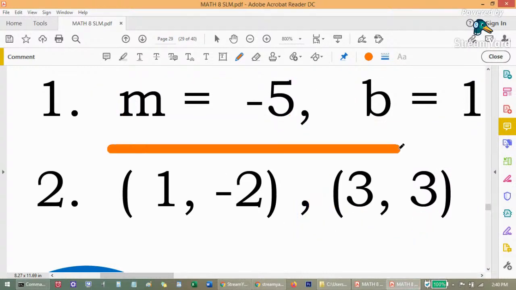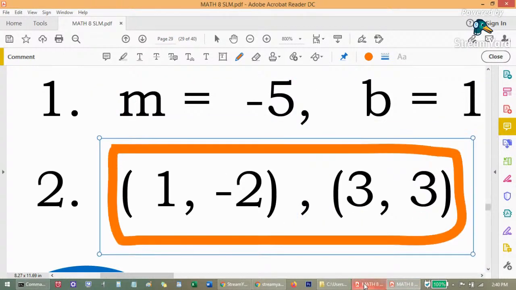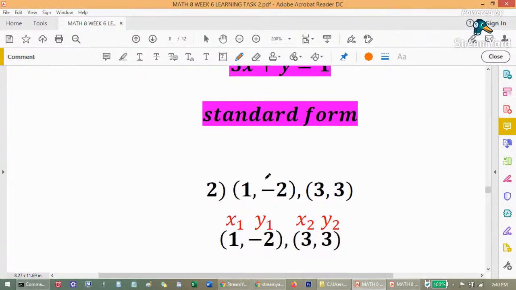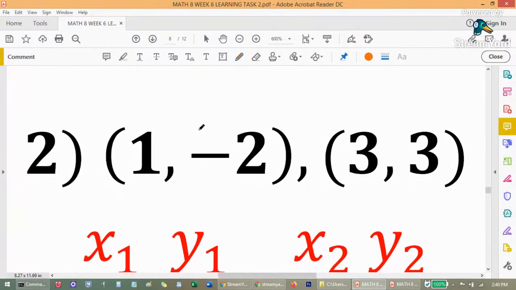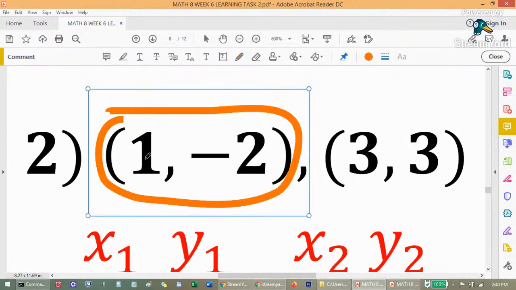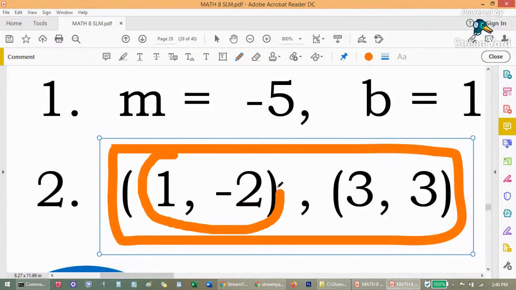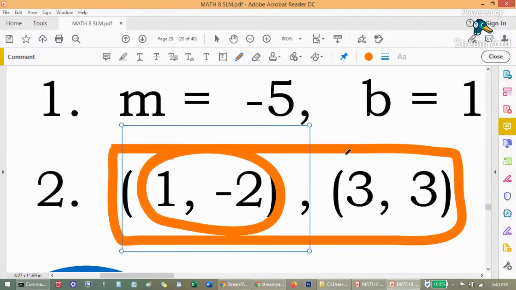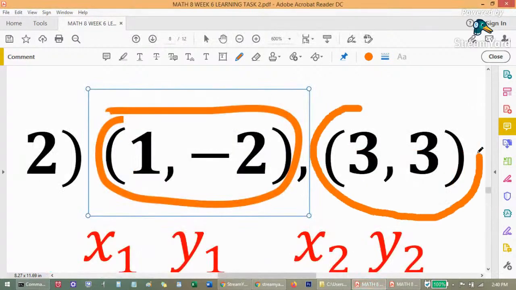Okay, so kokopyahin lang natin to sa number 2 natin. X is 1, y is negative 2. And x is 3 and y is 3.